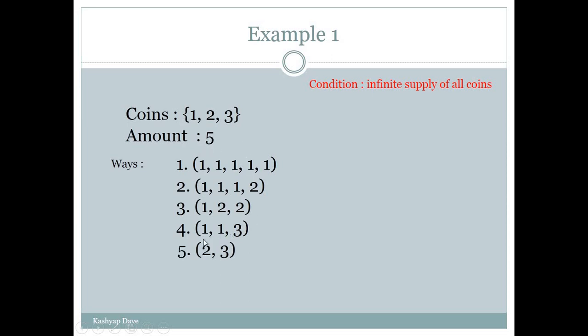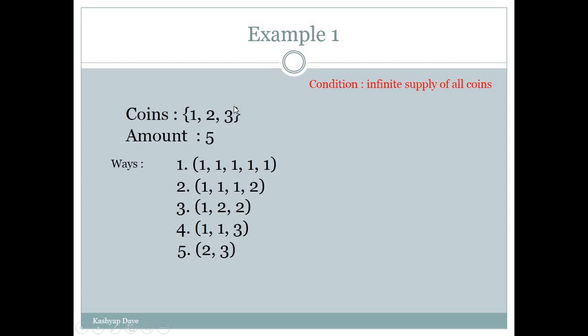And if we take one 2 rupee coin and one 3 rupee coin, then our total will be 5. So we can see our total number of ways is 5 to make amount 5 using coins 1, 2 and 3.